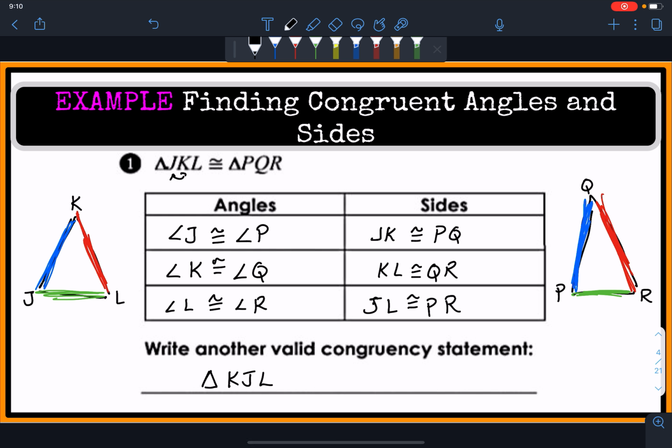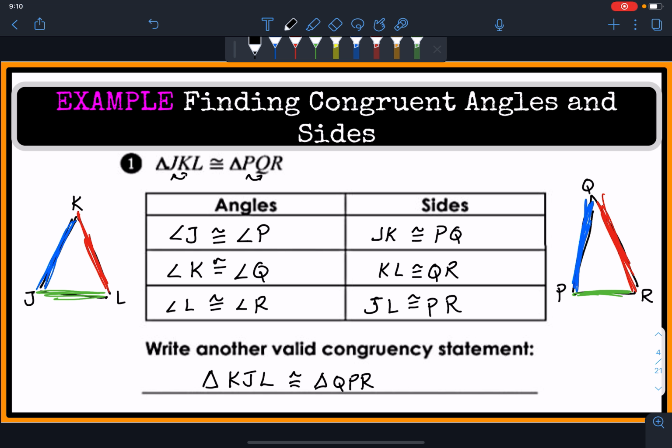Then that would be congruent if I get the corresponding parts on the other triangle, switching these two. So triangle KJL would be congruent to triangle QPR.